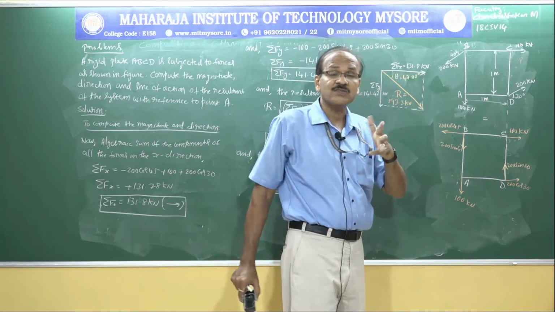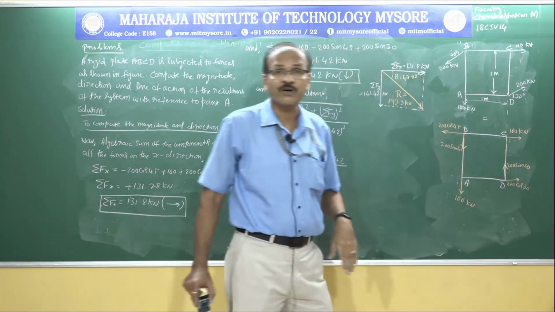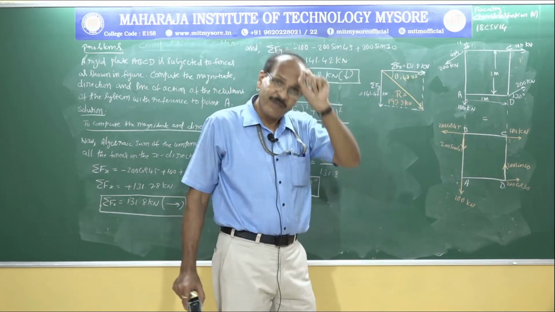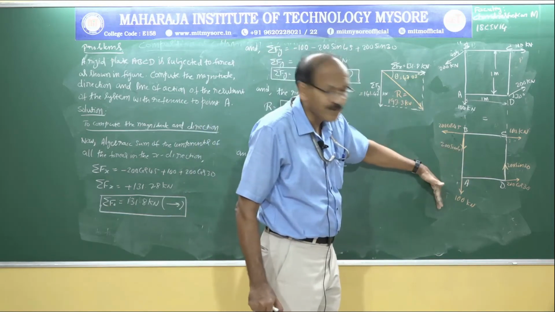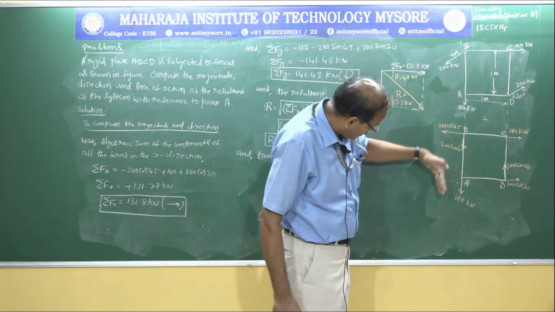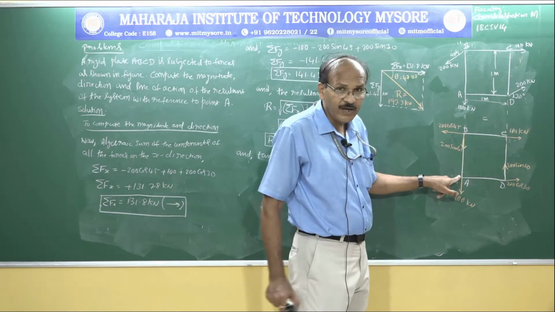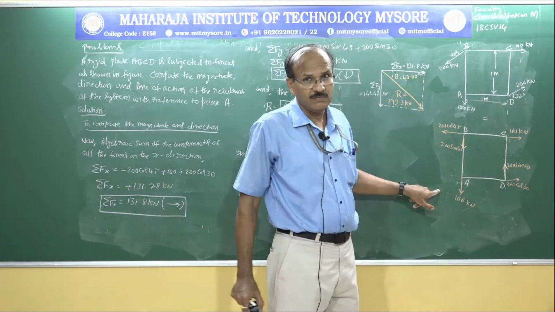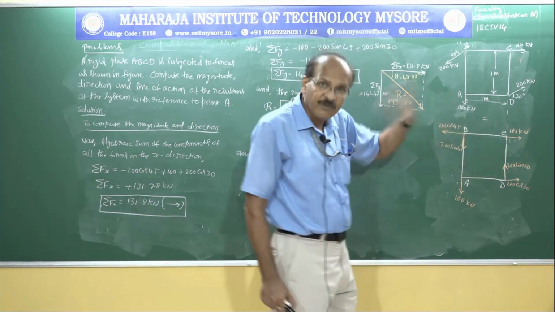The value changes as we take different reference points, but the position remains constant. Say for example, this resultant is acting somewhere here. If you find out the distance with respect to A, we are going to get that value. If you try to find out with respect to B, you are going to get a different value.